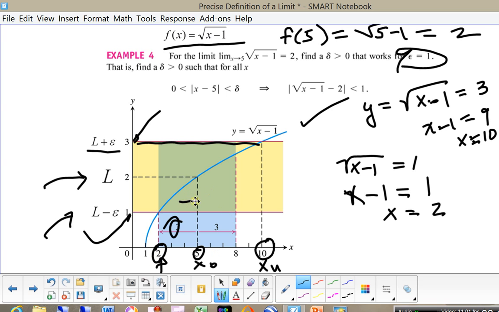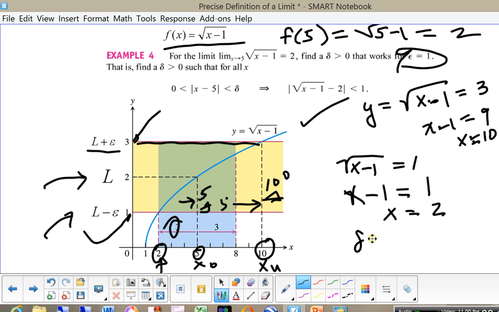The distance between 5 and x upper, which is 10, is 5. So we pick the smaller of the two to be the delta.